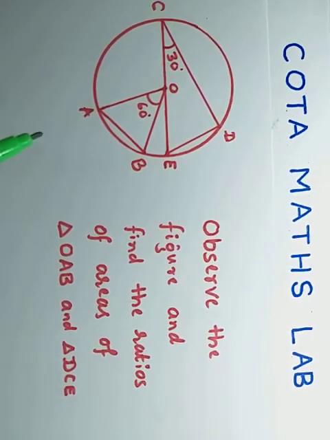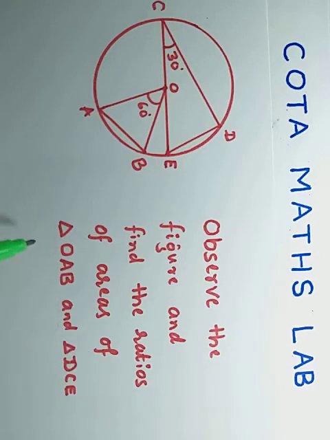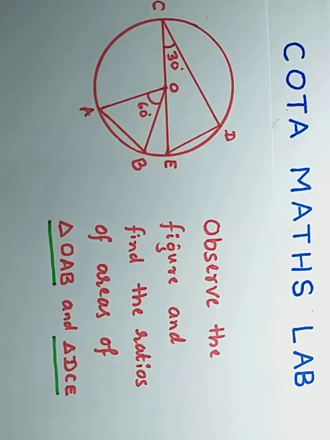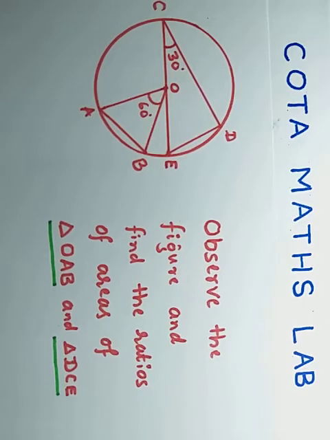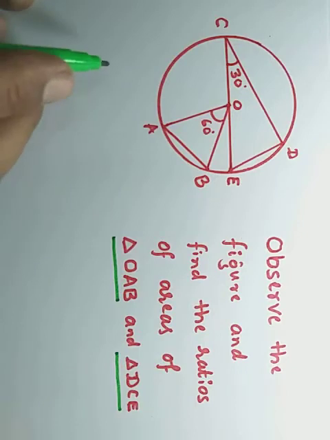What we need to find is the ratio of the areas of triangle OAB and triangle DCE. A very beautiful problem. Let us now see how we will find the solution for this problem.